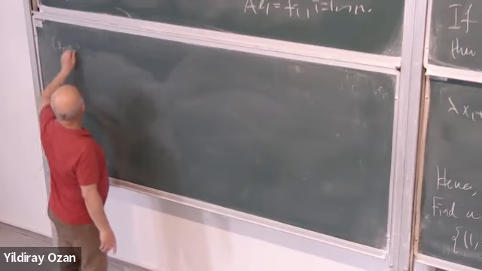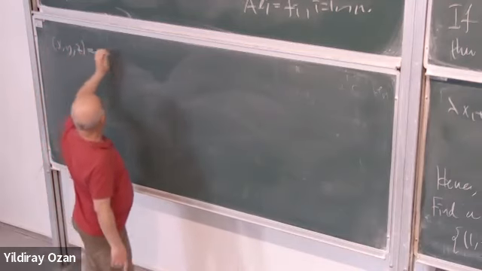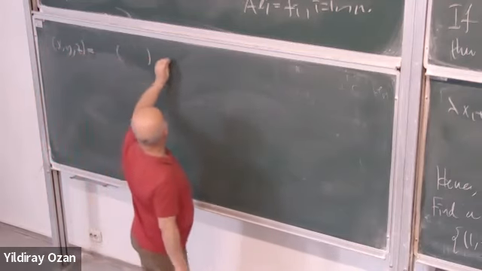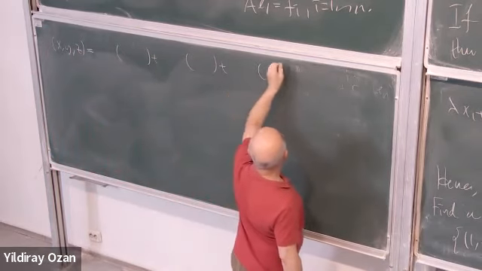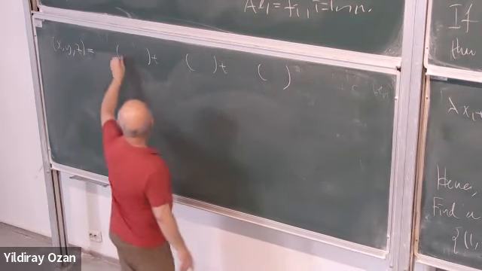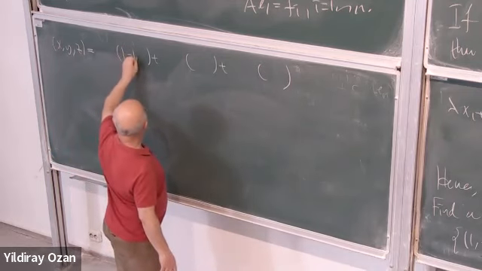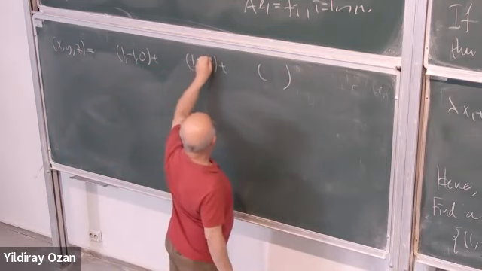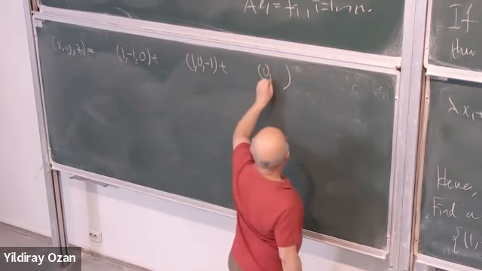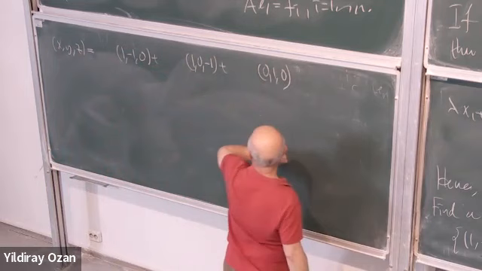So, write X, Y, Z. First, you want to write this in basis elements. What are the basis elements? 1, minus 1, 0. 1, 0, minus 1. 0, 1, 0.